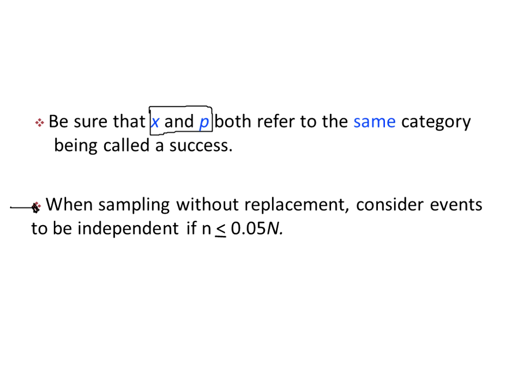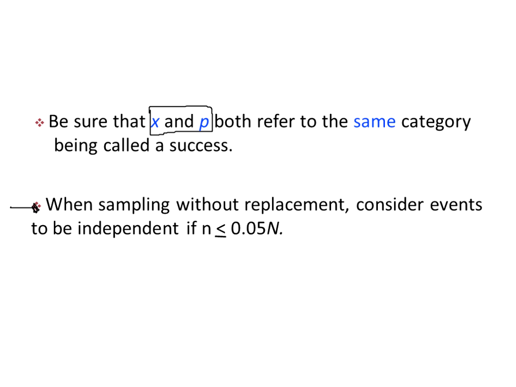When we are sampling without replacement, that means if you take a sample, you're not putting it back in when you obtain the next sample. You're leaving it out and then obtaining the next sample.